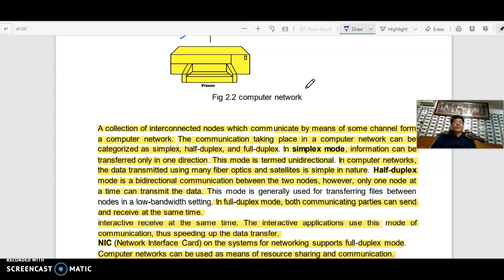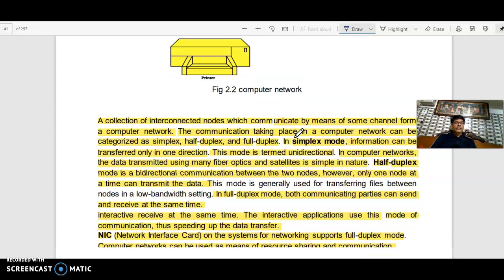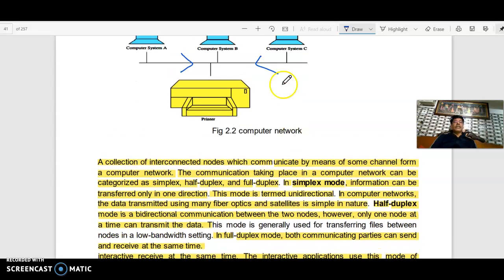And half duplex mode, data is capable of going in both directions but at one time in one direction, either in this direction or in that direction. So that is half duplex. And full duplex means at any point of time in both directions.